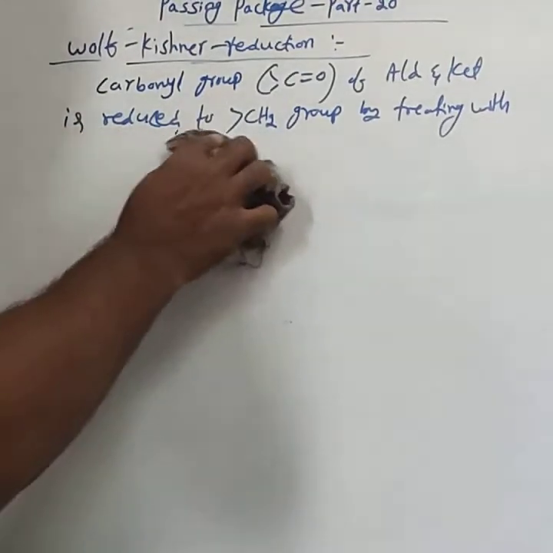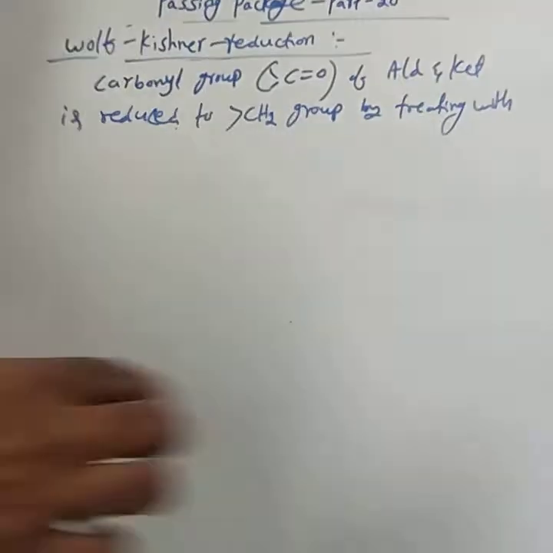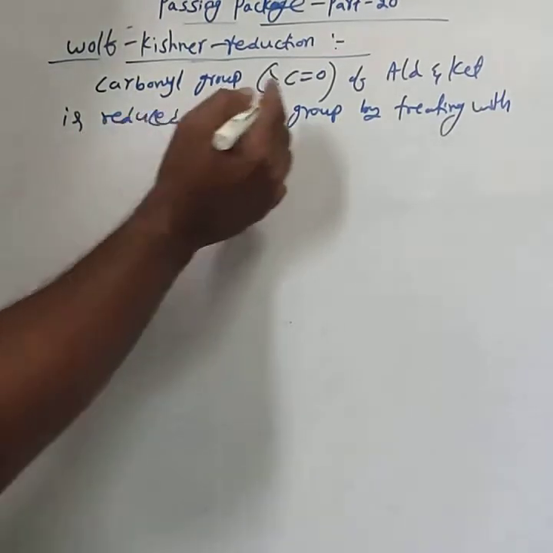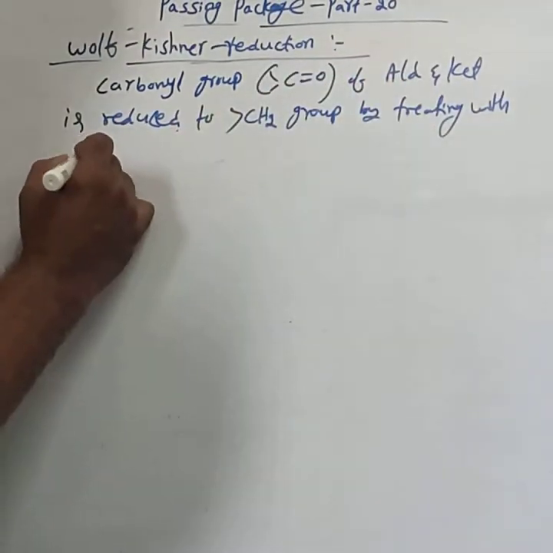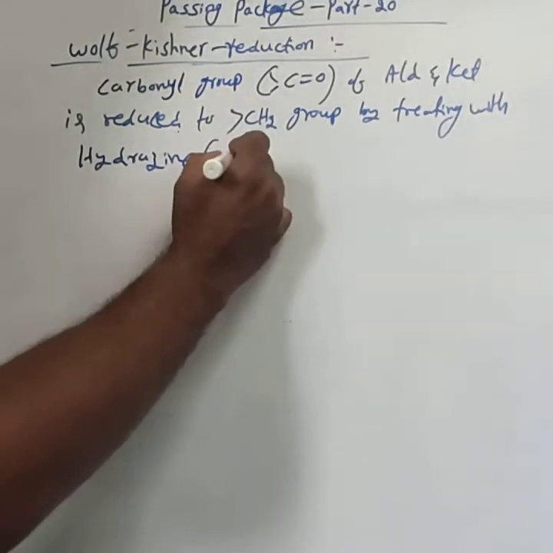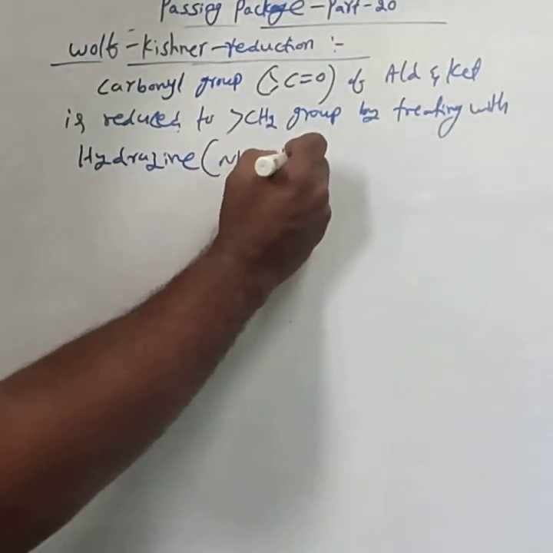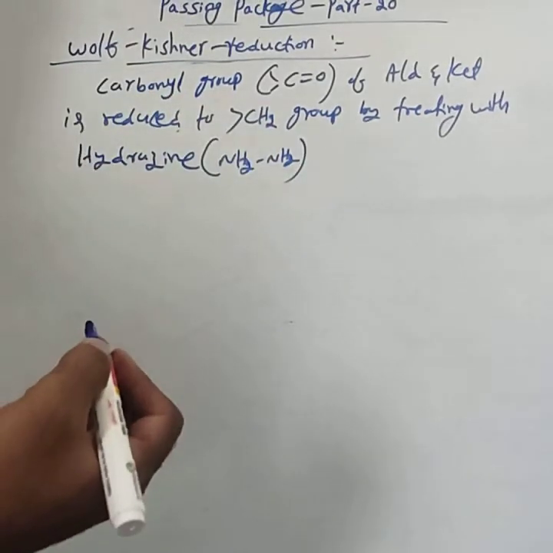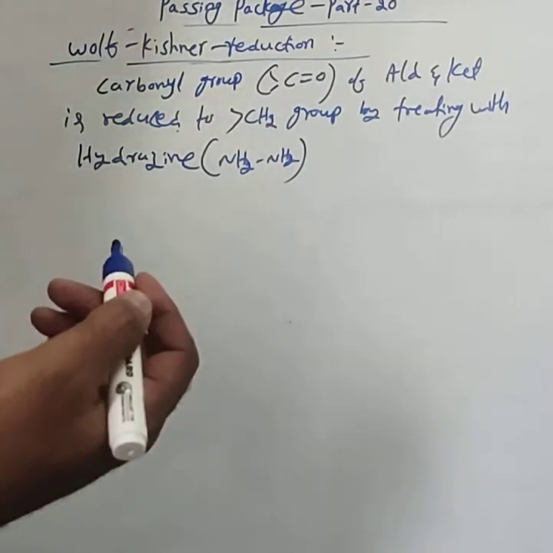Instead of zinc amalgam in concentrated HCl, you treat with hydrazine. Hydrazine formula is NH2NH2. Then we get a hydrazone.